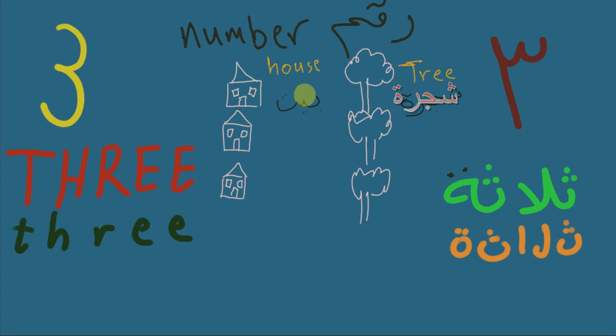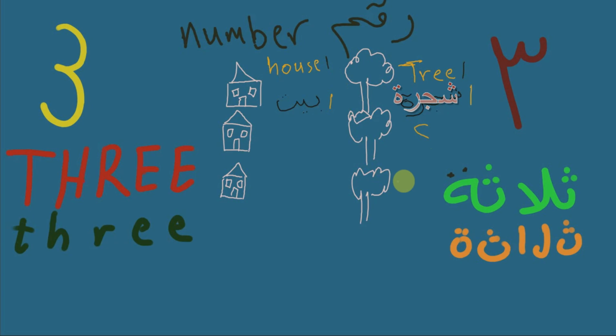So that's how you write it in English, house, and this is tree. In Arabic, tree is شجرة, house is بيت. So شجرة واحدة, one tree. بيت واحد, write it here, one house.